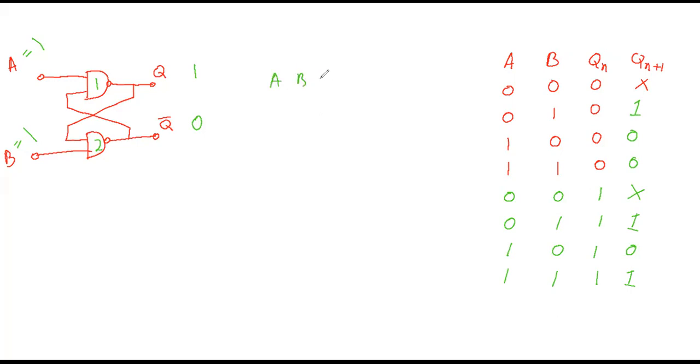AB. When AB is 0, 0, how many cases are there? Two cases, case 1 and case 2. In both the cases, I have put a cross mark. Now, in the case 1, 1, how many cases are there in the input? Sir, 1, 1. So two cases, this one and this one.